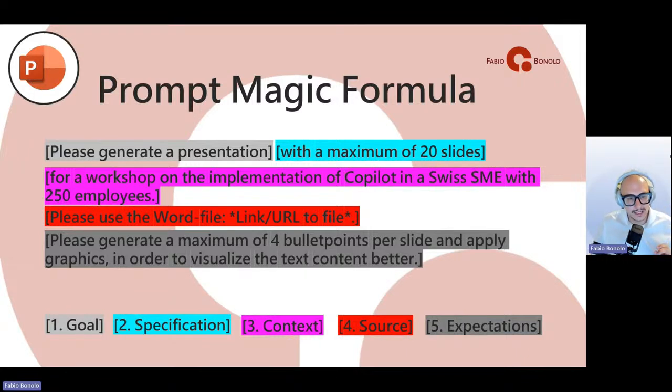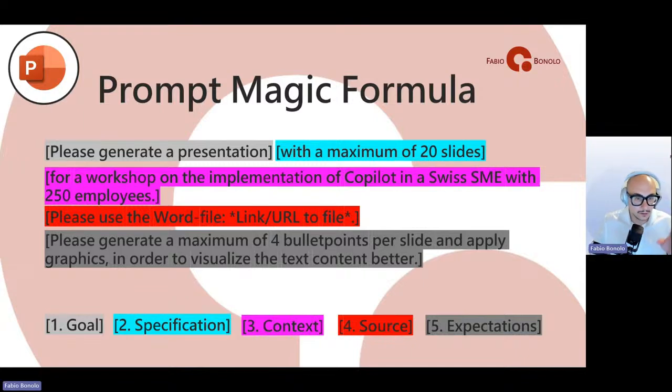So when you read this sentence, you see that I answered the two questions. What is it for and who is involved? So it is for a workshop on the implementation of Copilot. That's what it's for. And involved is the Swiss SME with 250 employees. So that's the context that you give.